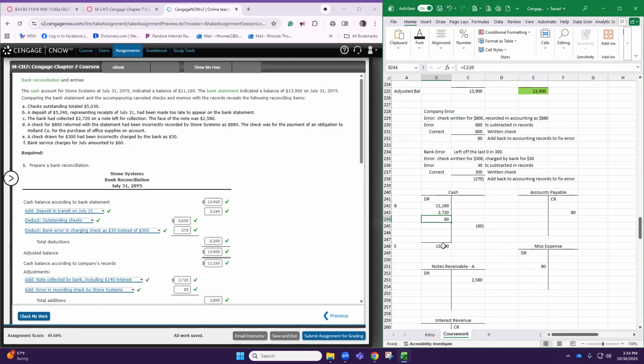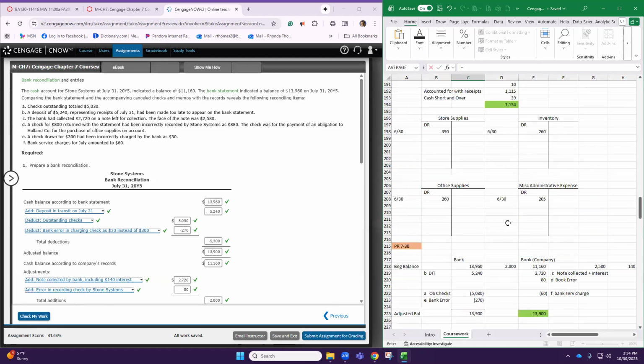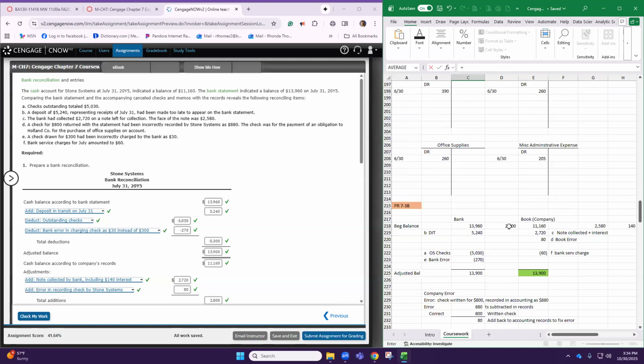So we're putting the cash back. When we put this cash back, the offset will go back to the vendor's accounts payable. Okay, accounts payable. Then we want this to be that $60 service fee.